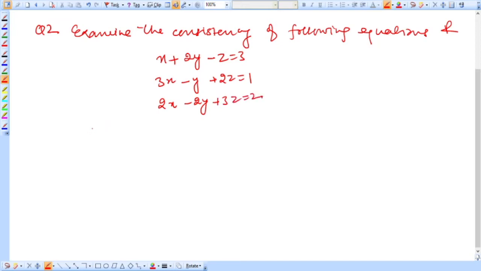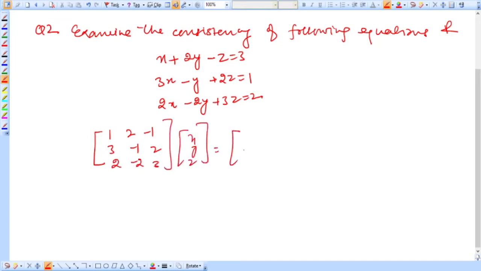It can be written in matrix form like this: 1 2 minus 1, 3 minus 1 2, 2 minus 2 3, then multiplied by the matrix of unknowns, which is equal to the matrix of constants, right?